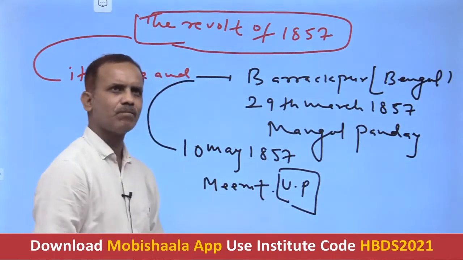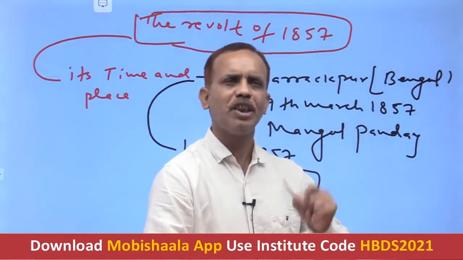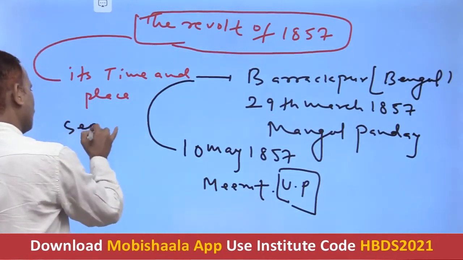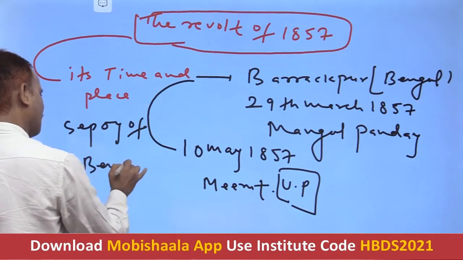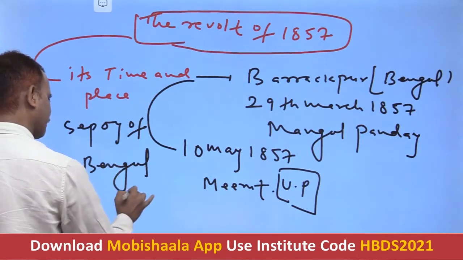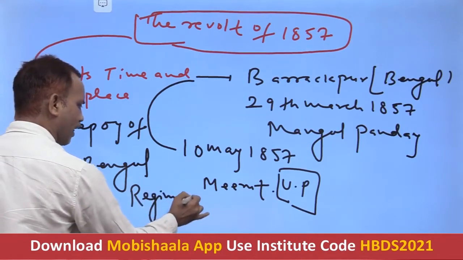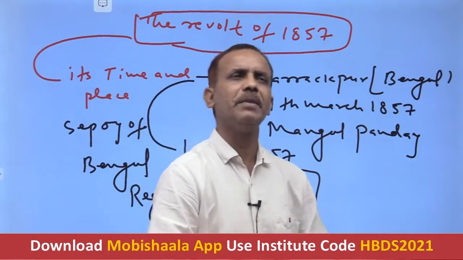Again, sepoys of the Bengal Regiment again led a massive revolt against the British government.